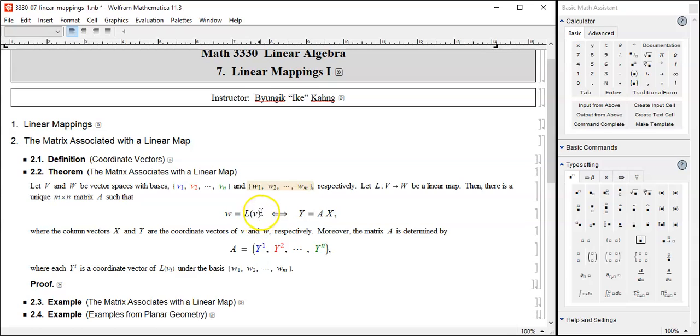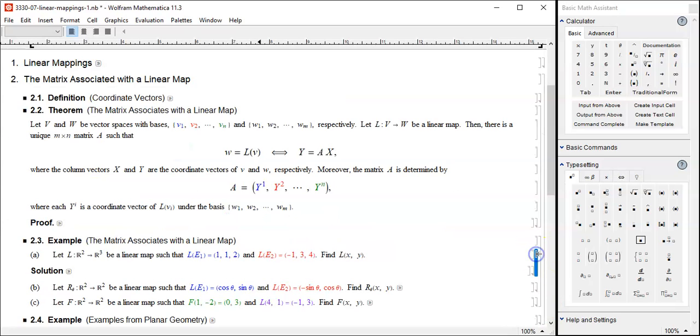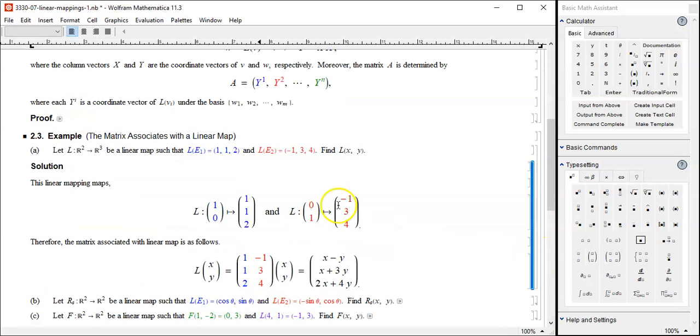And what do we do? L of v1, L of v2, L of v3, and so on and so forth will go to columns, columns, columns. And that's how you get the matrix expression. Examples like these. Okay, this is a typical example. E1 is going to (1, 1, 2). E2 is going to (negative 1, 3, 4).